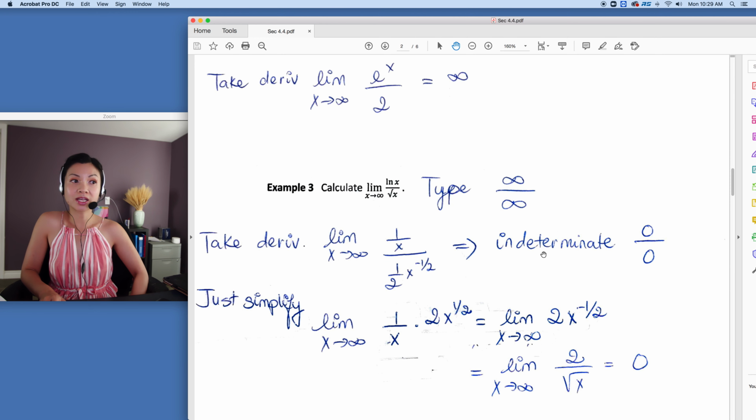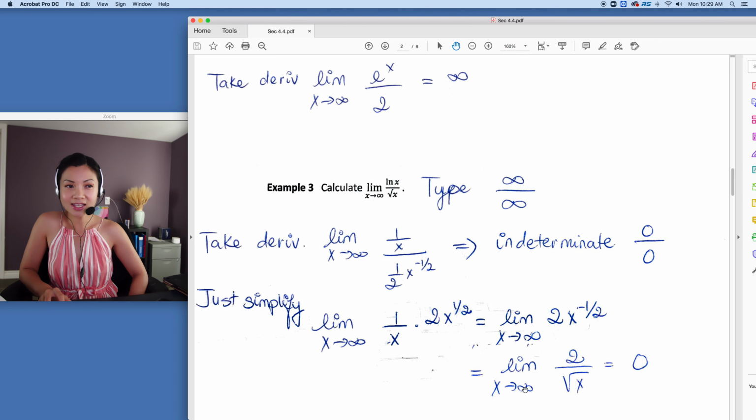So what can we do? Let's just simplify it, right? If I simplify, you see how I move it to the top. Now when I simplify it, I end up with 2 square root of x over x, right? Now because it's negative, I put it on the bottom.